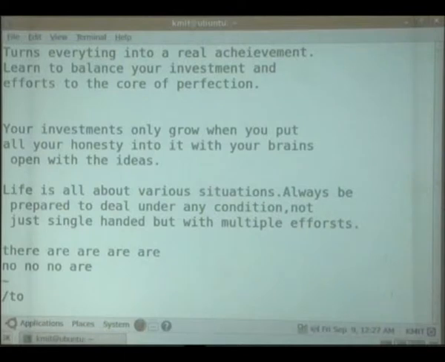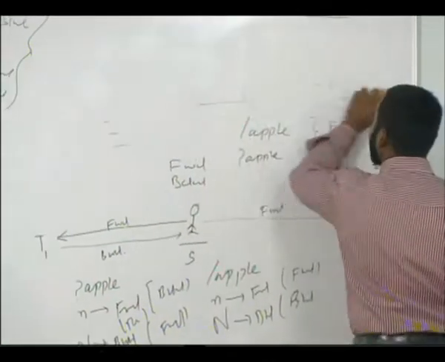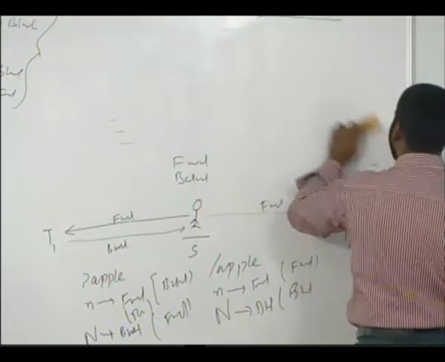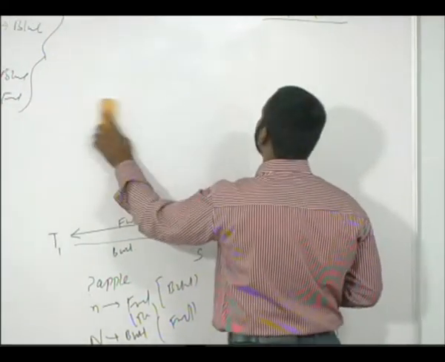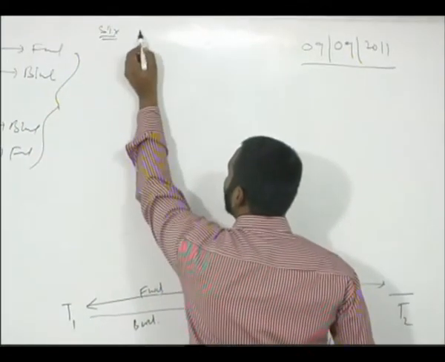Now we'll see a few more things about substitution. How do you search and replace a particular word in the vi editor? For that we need to be aware of the syntax. The syntax for searching is colon.